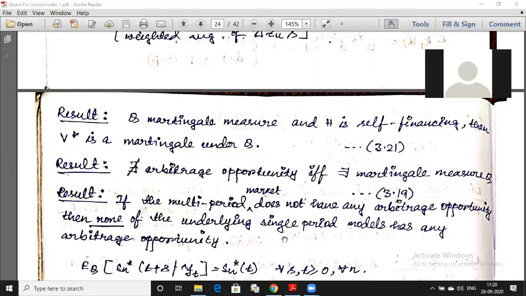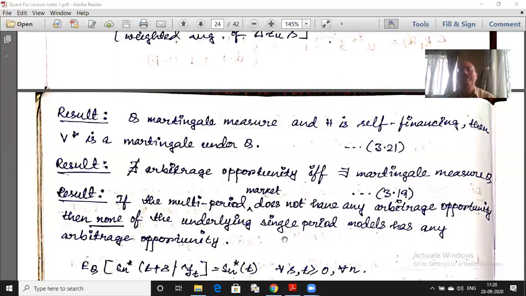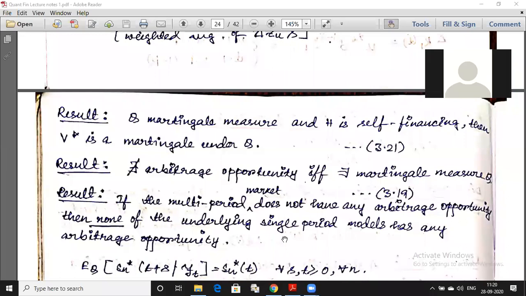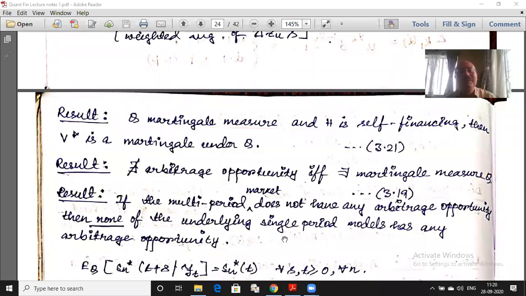If in one time period I gain something using that arbitrage opportunity, then I can just invest that extra money in the bank and just keep adding that. Perfect, fantastic, very good. So it is basically a proof by contradiction. Once you get an arbitrage opportunity, I just put the gain in the bank. Then it's a sure gain. Thank you, fantastic.